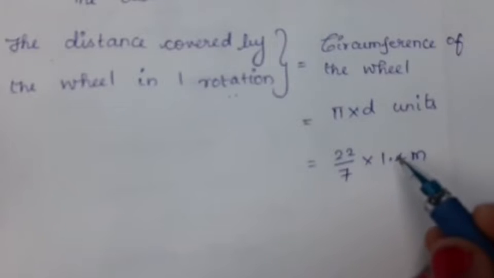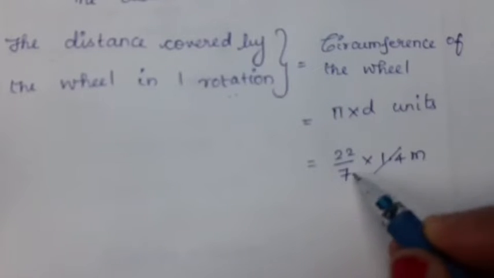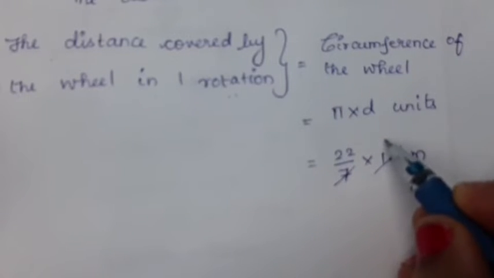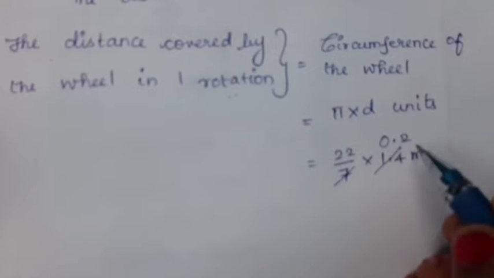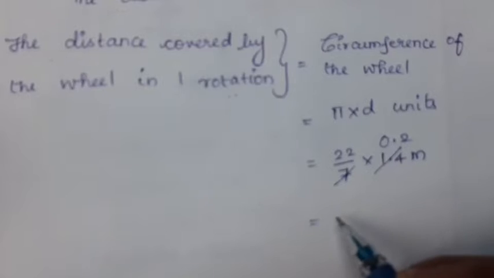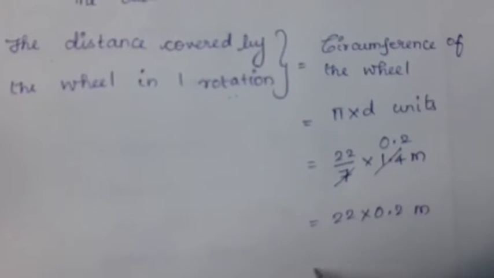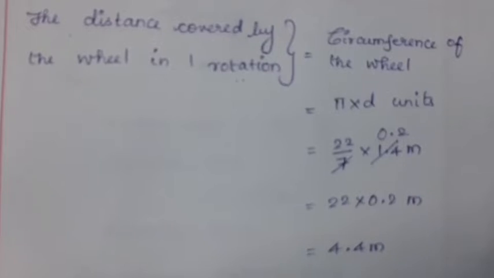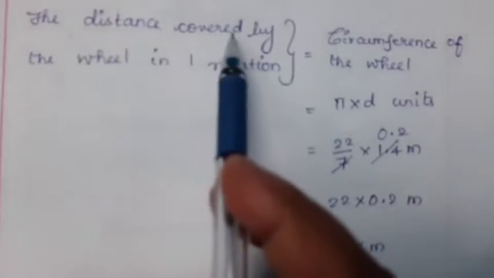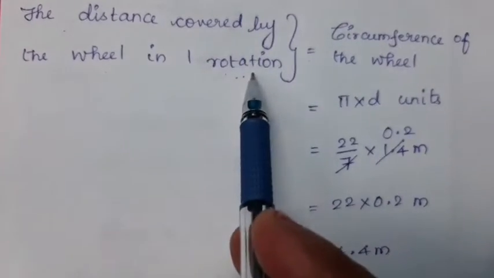By simplifying 1.4 by 7 we get 0.2 times, which is equal to 22 into 0.2 meter, which is equal to 4.4 meter. This value is the distance covered by the wheel in one rotation.